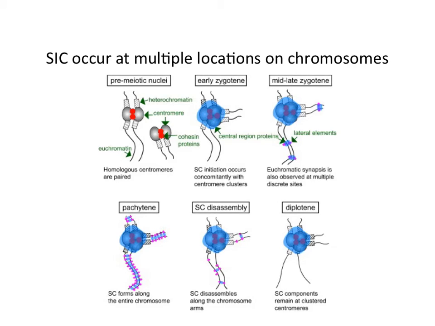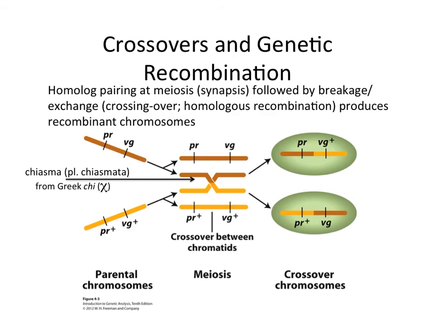There are lots of places along each chromosome where these, what are we calling them, synapsis initiation complexes form. So they can form at multiple places, and then you get the zippering up in between them. So the concept is simply that there can be multiple locations of synaptonemal initiation complex.